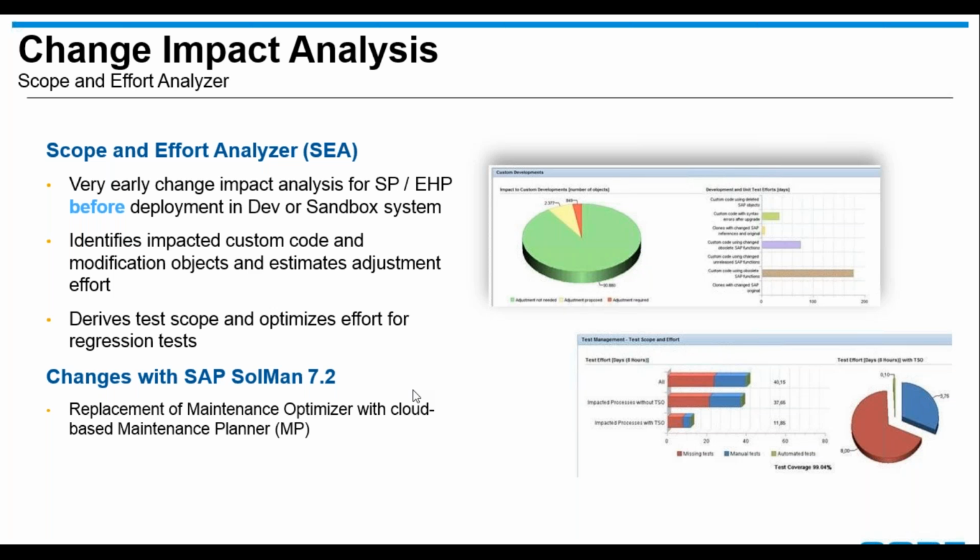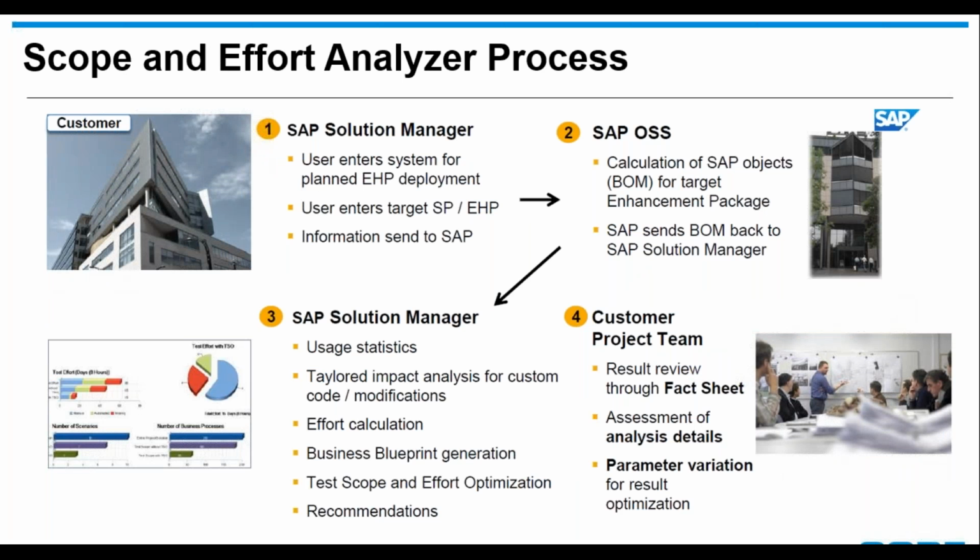So I mentioned before, change impact analysis is not new to 7.2. It was first introduced in 7.1. So in 7.2 now, for those 8% who are using it, there's a replacement of the maintenance optimizer with a cloud-based maintenance planner.